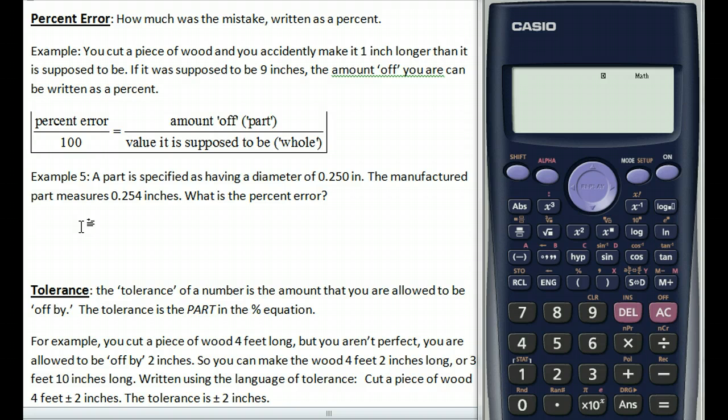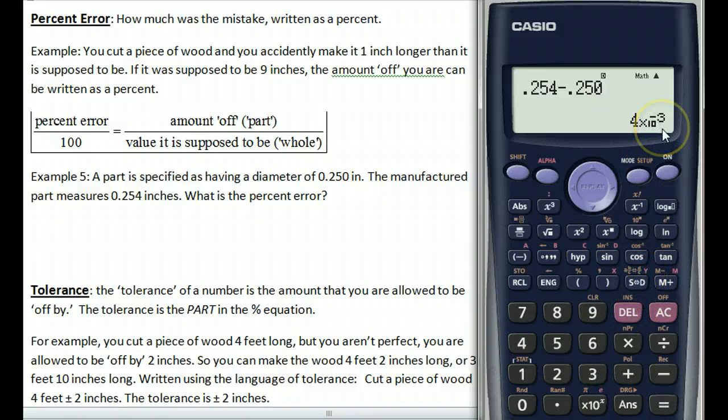So in order to figure that out, you first have to figure out how far off it is. It doesn't matter if it's smaller or bigger, you just figure out the difference between what it's supposed to be and what it is. So since it's supposed to be 0.250 and it's actually 0.254, you're going to go in your calculator and take 0.254 and subtract from it 0.250, and that's going to give you the amount off.